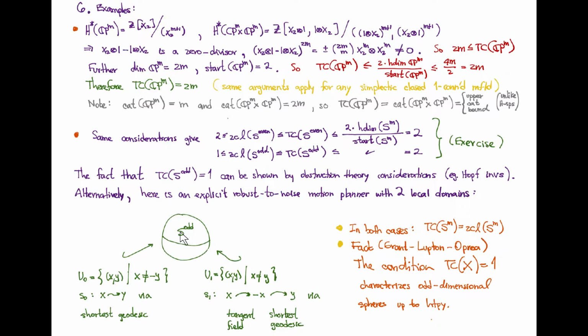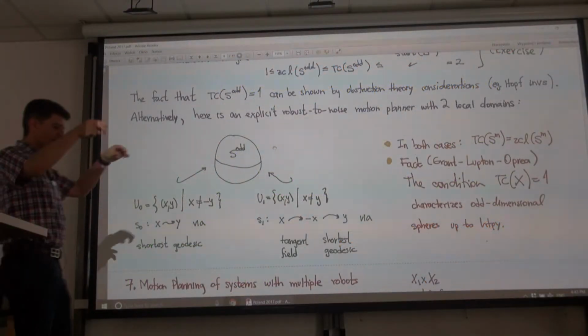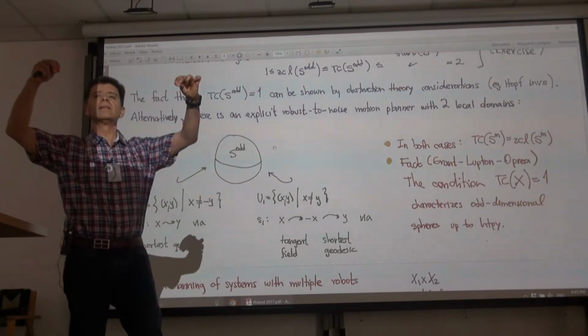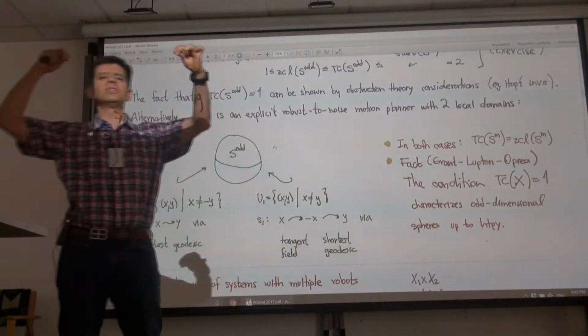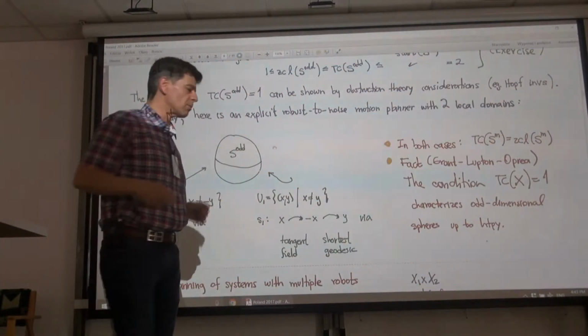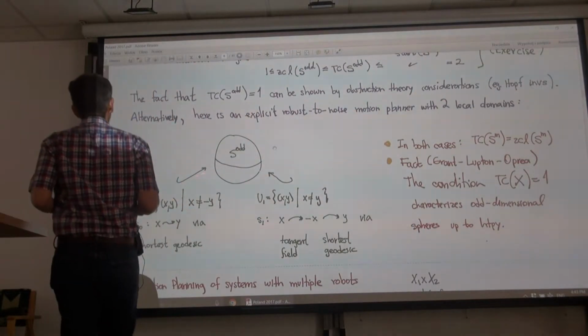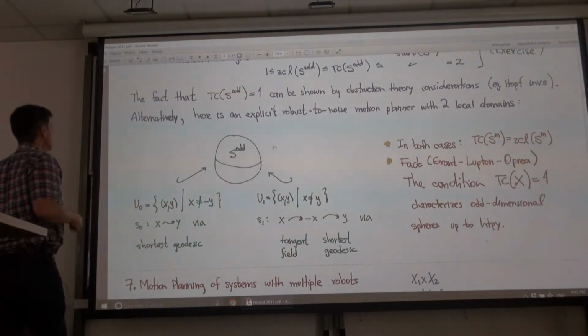You can cover the odd sphere cross itself by these 2 open sets, namely pairs of points in the first case where they are not antipodal, and the second case where they are not equal. Now I have to plan the motion in a continuous way in each case. And if I have 2 points that are not antipodal, then I have one unique shortest geodesic, and I can use it for planning the motion. And that would be just the section that I need here.